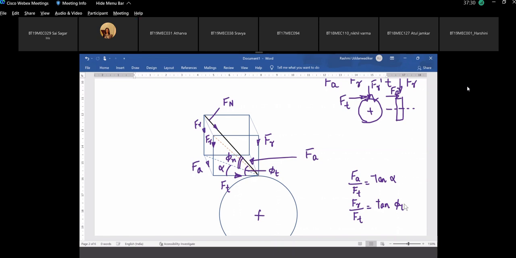So what is the relation between Fn and Ft? Let me use the same space. Fn and Ft. Come on, I'm sure all of you are very good in trigonometry.